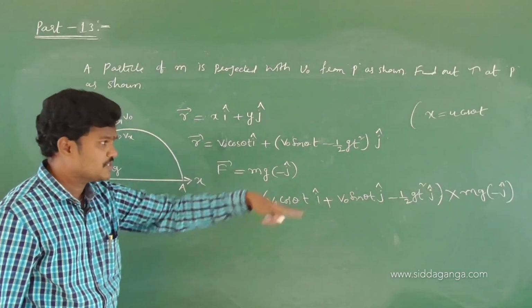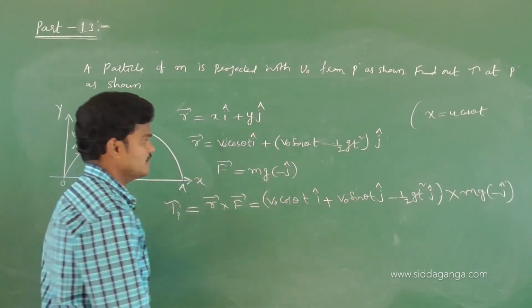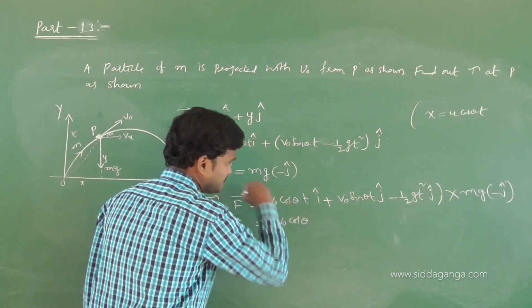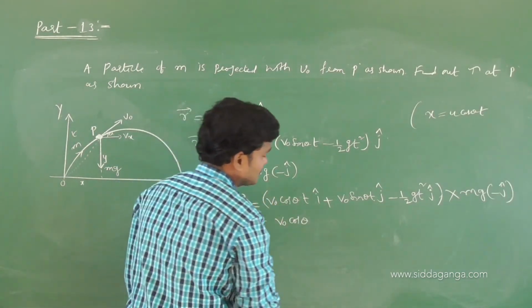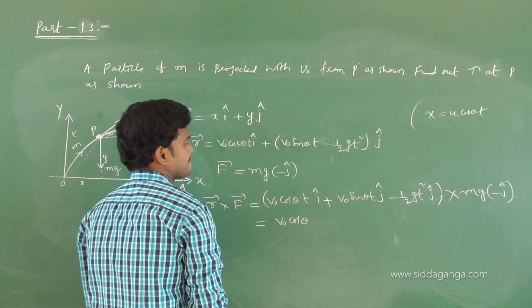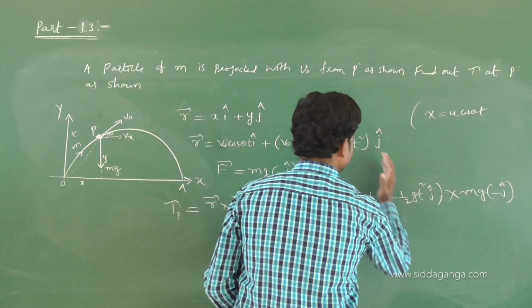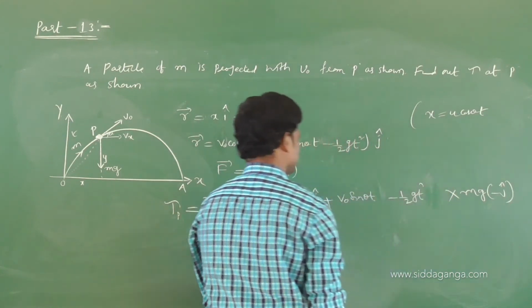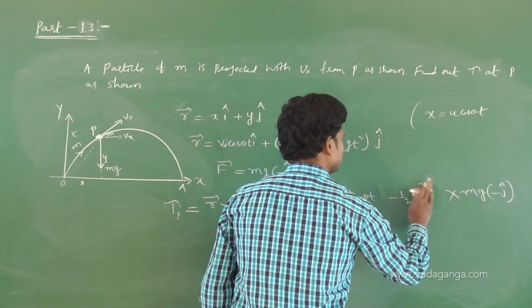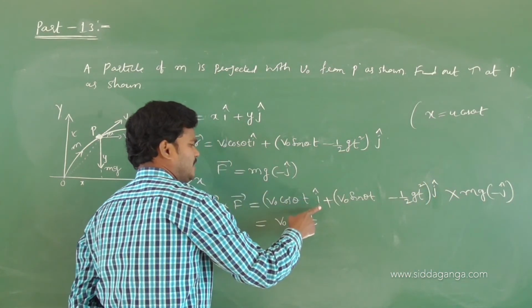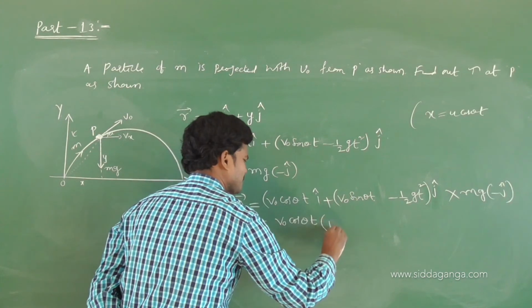Mg, weight is downwards. So do the cross product. If we do the cross product, v naught cos theta into t, so i cross minus j.